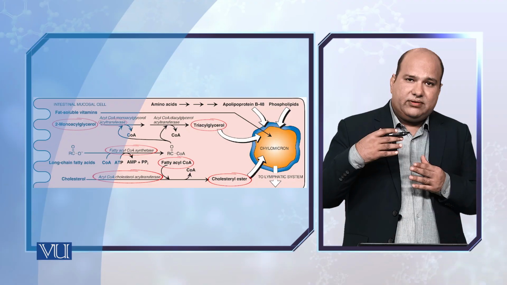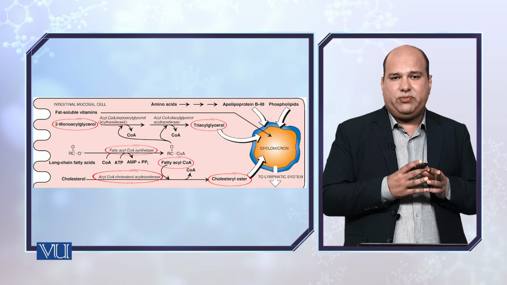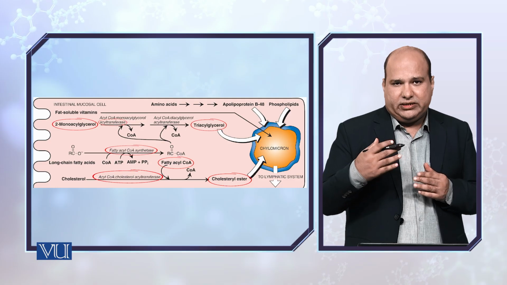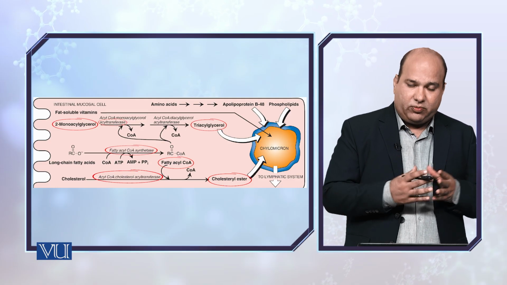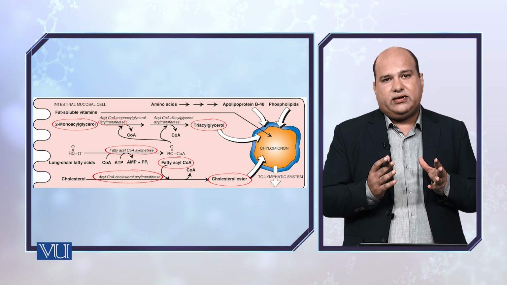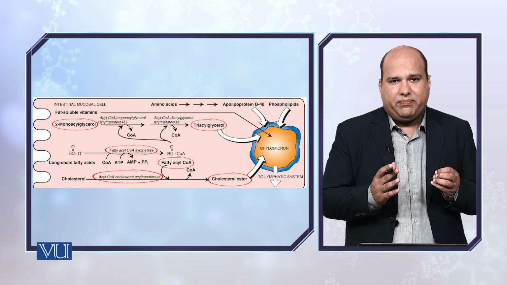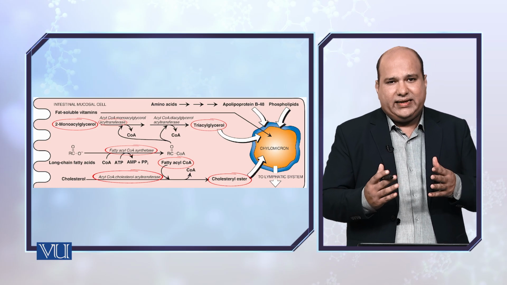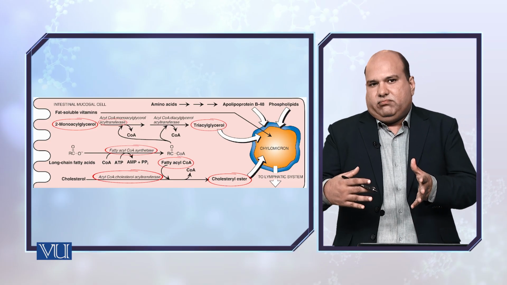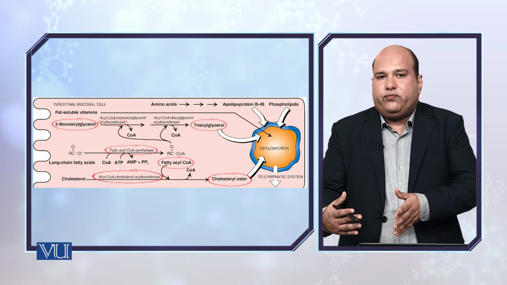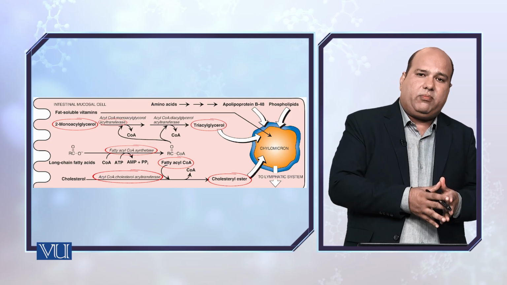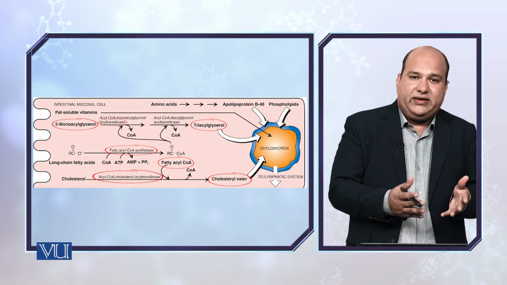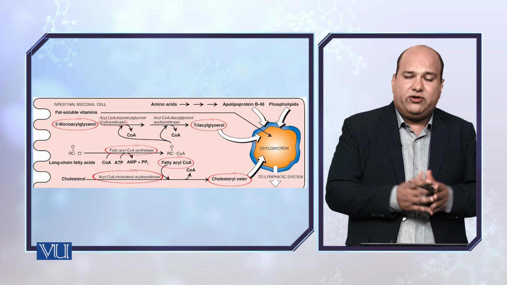Now, for the movement of these lipid molecules towards the liver for their final catabolism, let's say if they are moved through the bloodstream, again these molecules will face the problem that their hydrophobic nature will not allow them to move.